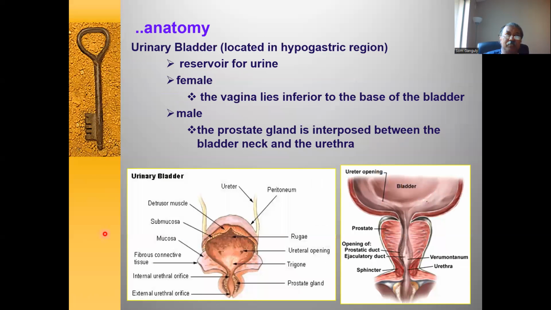The urinary bladder is an organ located in the hypogastric region, way below, right above the symphysis pubis. Right above the symphysis pubis, if you touch, you can compress the bladder.